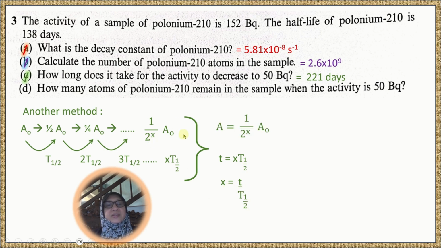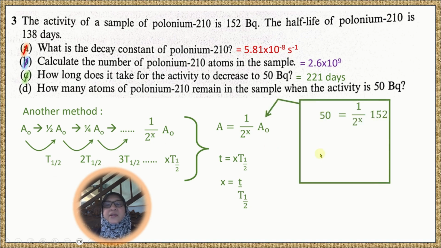And this x can be substituted into here, and the activity becomes 1 over 2 to the power of x times A naught every time. Okay, then we use this formula instead.